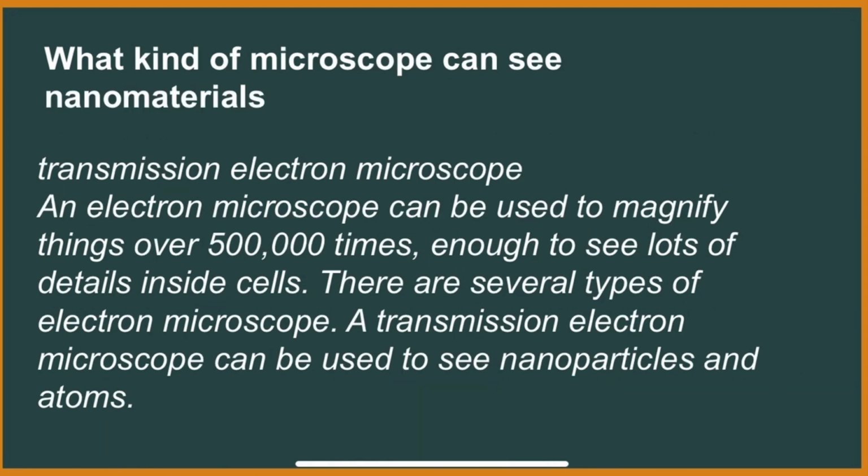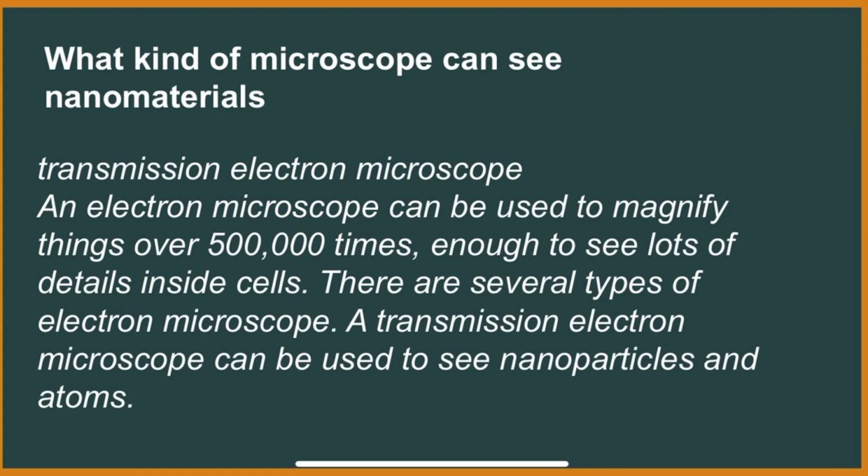Next. So what kind of microscope can see nanomaterials? So na-explain ko naman kanina kung gaano kaliit ang isang nanomaterials. Na most nanomaterials are too small na hindi natin makikita with our naked eye, and even yung mga ibang conventional light microscope.